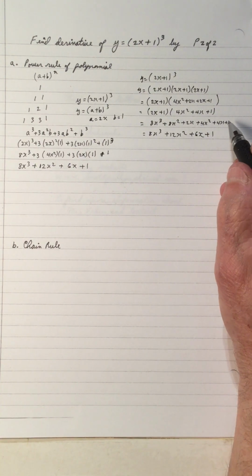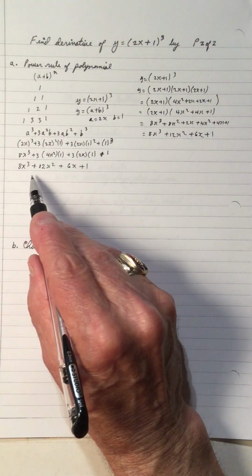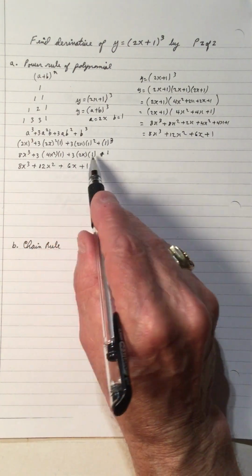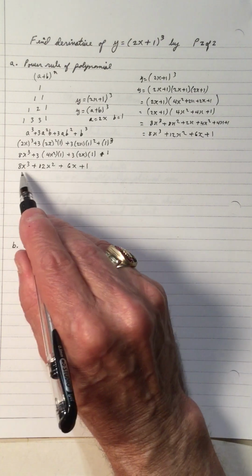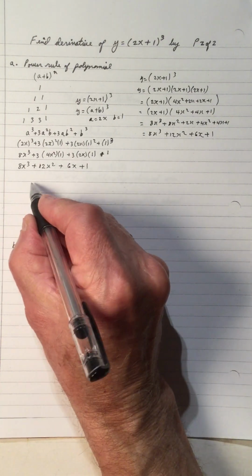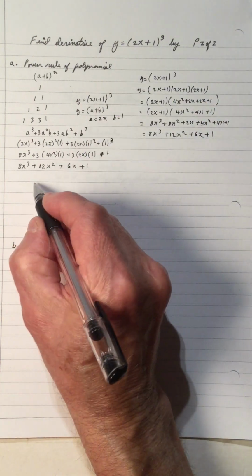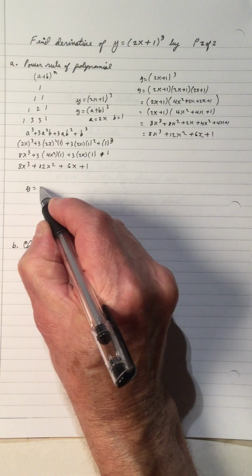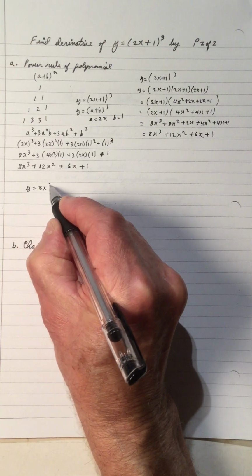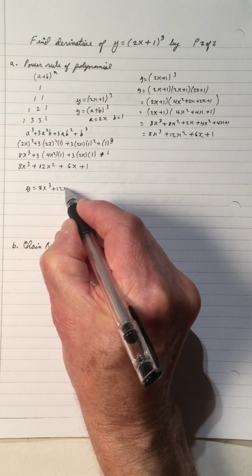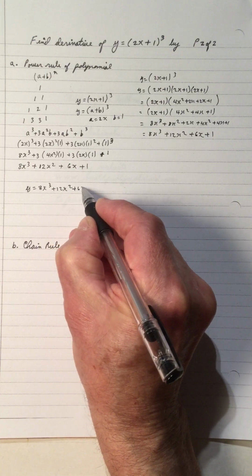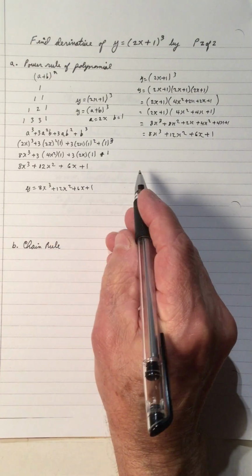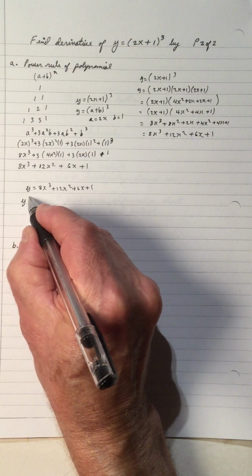So no matter how I did it, I came up with the same cubic made of the 4 terms. So that means that y is equal to 8x cubed plus 12x squared plus 6x plus 1. So I want to do the derivative, which is y prime.